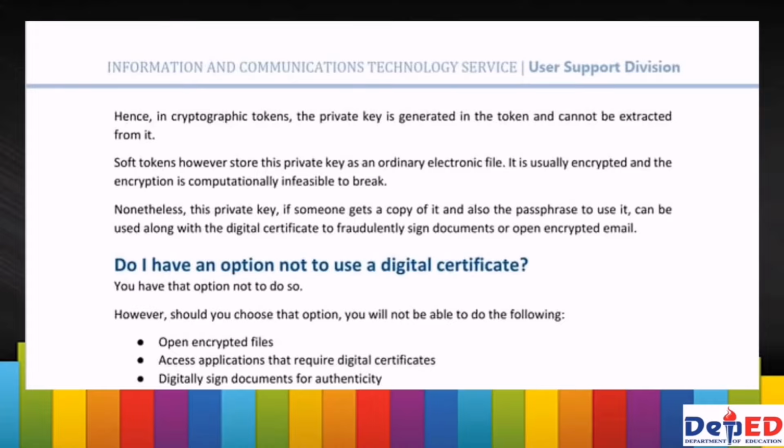It is usually encrypted and the encryption is computationally infeasible to break. Nonetheless, this private key, if someone gets a copy of it and also the passphrase to use it, can be used along with the digital certificate to fraudulently sign documents or open encrypted email.